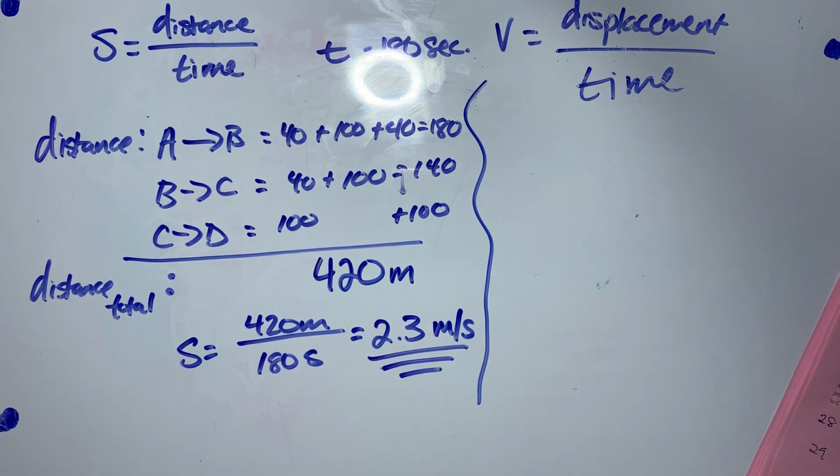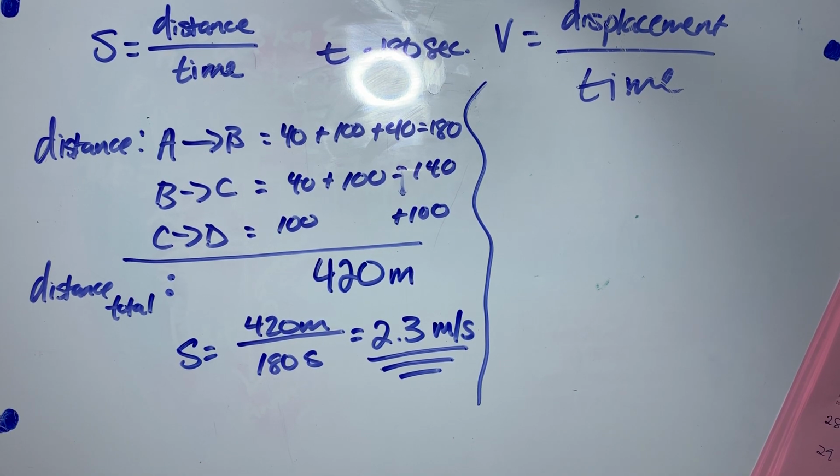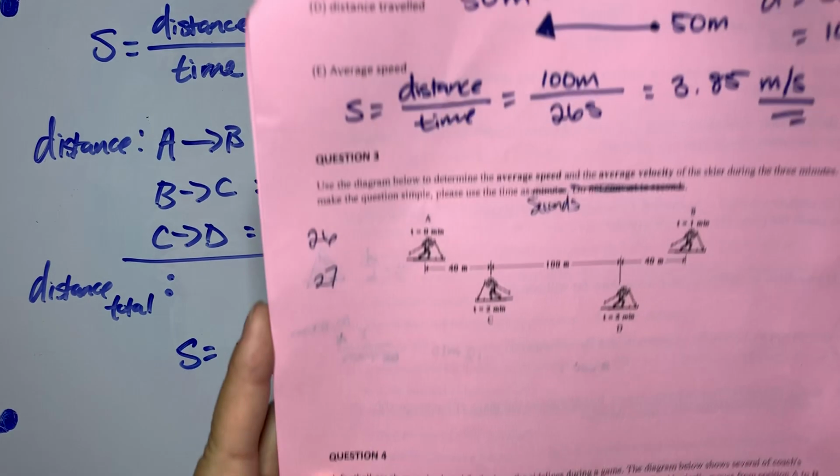Okay, so we're going to work on displacement now. Velocity. So velocity is equal to your displacement divided by your time. Remember, displacement is the change or the difference from start to finish.